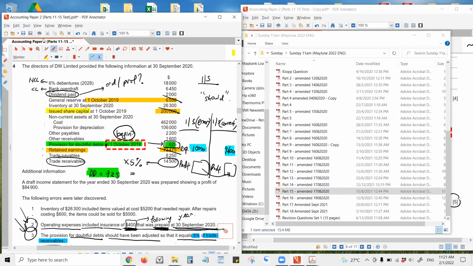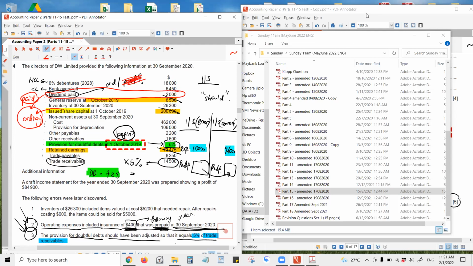When it's not mentioned whether it's preference or ordinary, it means that this is ordinary. And since in this question, there is no preference shareholder, we assume that this dividend is paid to the ordinary shareholder. Okay, so this is something we have to assume here. We are assuming that this 2,000 dividend is paid to the ordinary shareholder.